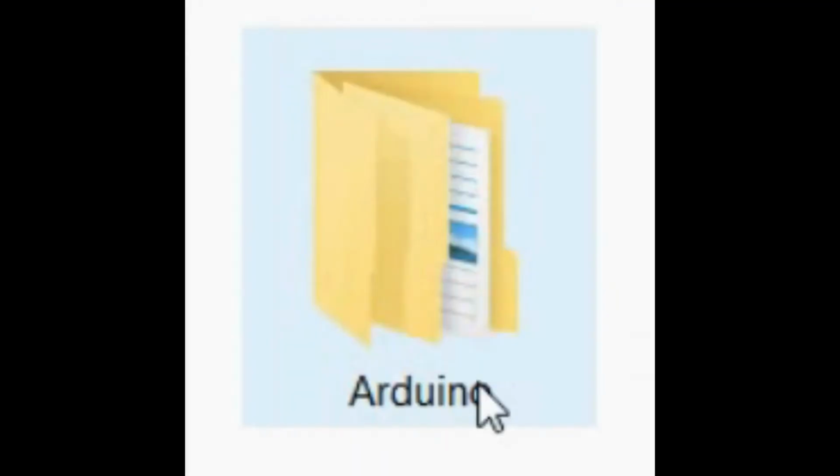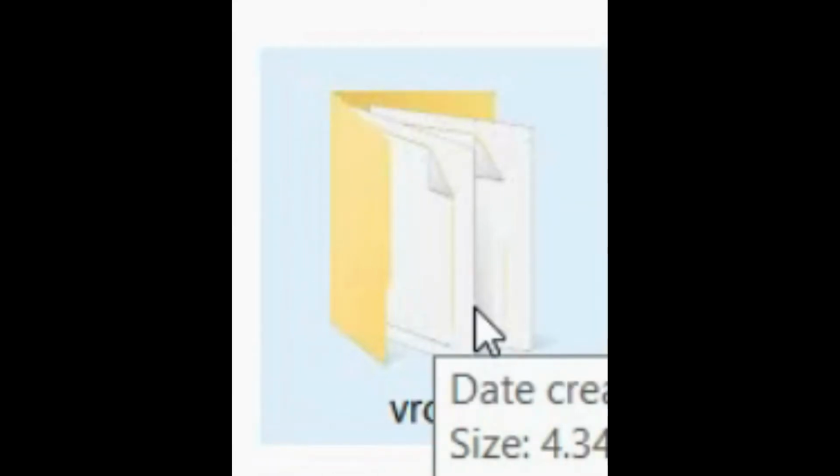You go over here to Documents. In one of those folders, you should be seeing one that would say Vroid.